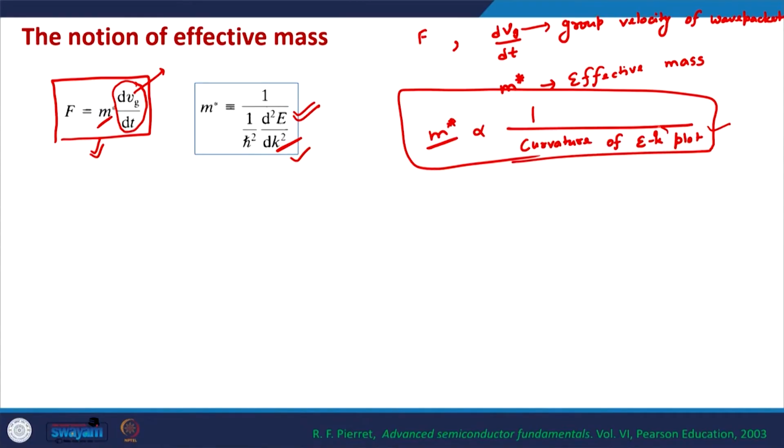So, in a way, the quantum mechanics which is encapsulated in the E-k plots is captured by the effective mass of the electron.